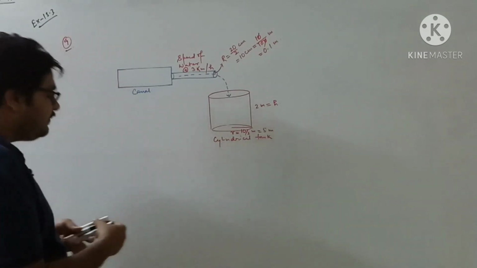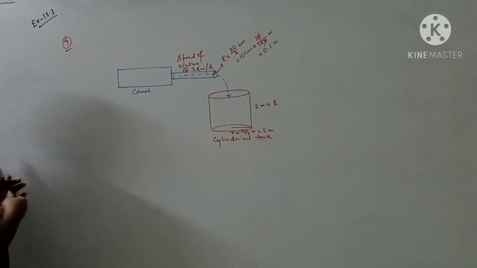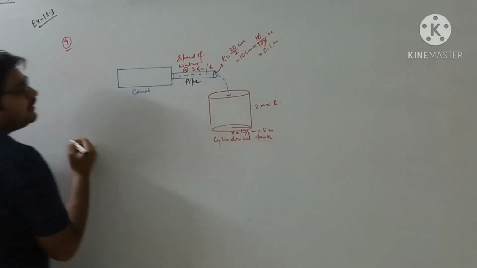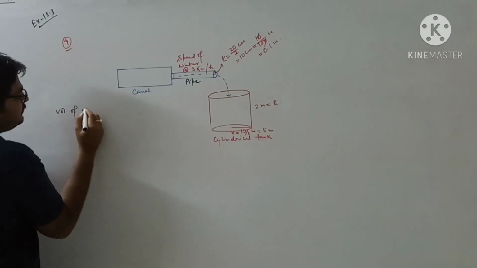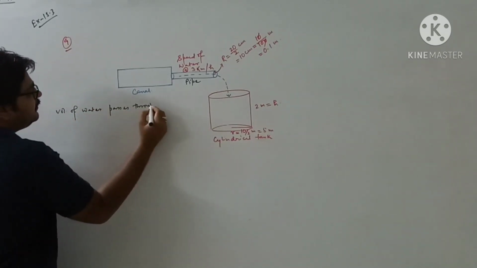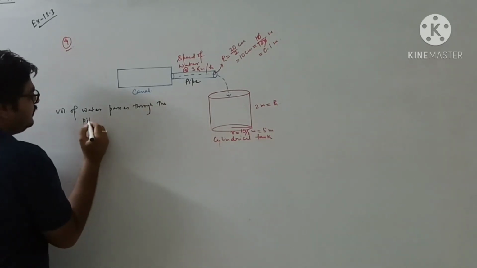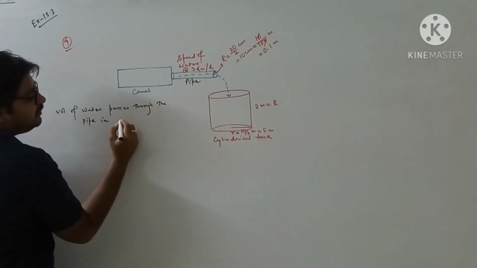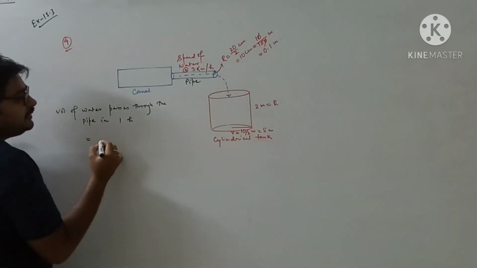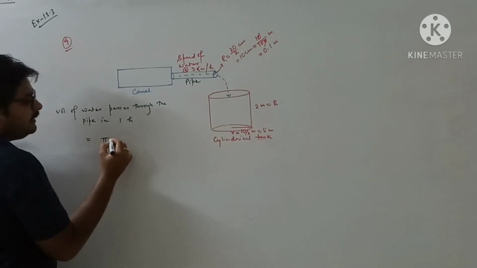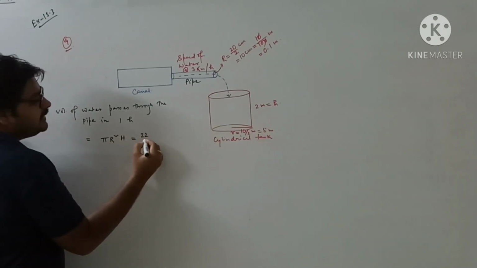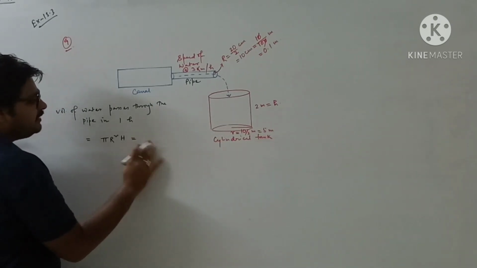So first of all we are finding out the volume of water that passes through the pipe in 1 hour. Pi R square H, you write 22 by 7 for pi, or you just keep pi as pi only.